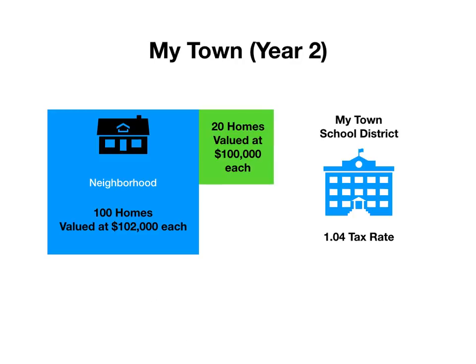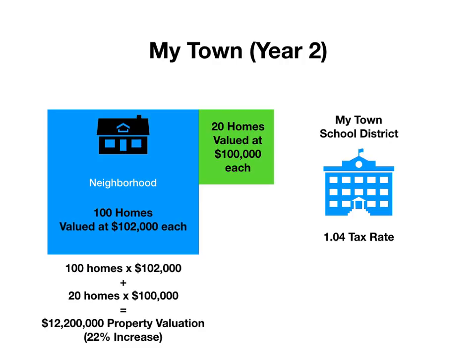When we go into year 2, the 100 homes in the neighborhood all appreciate 2% and are now worth $102,000. Someone builds a new neighborhood in My Town, adding 20 homes, all worth $100,000 each. The My Town School District keeps their tax rate static at 1.04 per $100 valuation. The overall My Town property valuation is now $12,200,000.